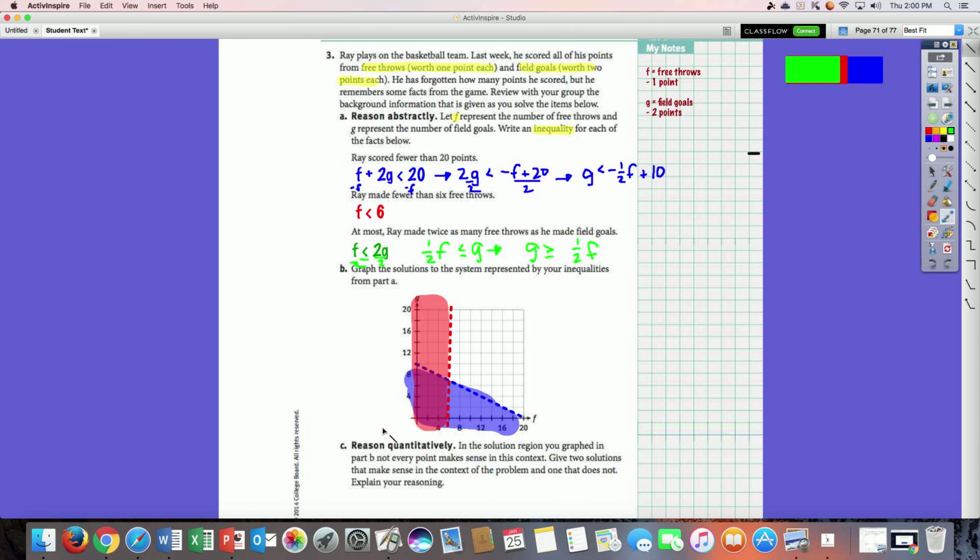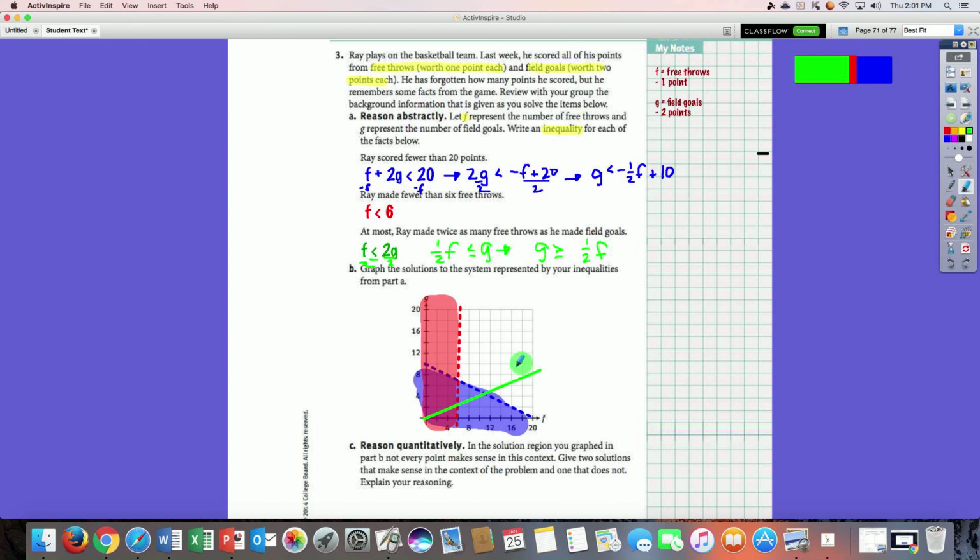There we go. Okay, starting at my origin, I'm going to go up 1 over 2 until I get to the end of my graph. And you'll see that my line this time is solid. I'm going to shade the values that are above my graph. And I'm going to look for the area that is triple shaded now to get my possible solutions. I see that that region is going to be here.